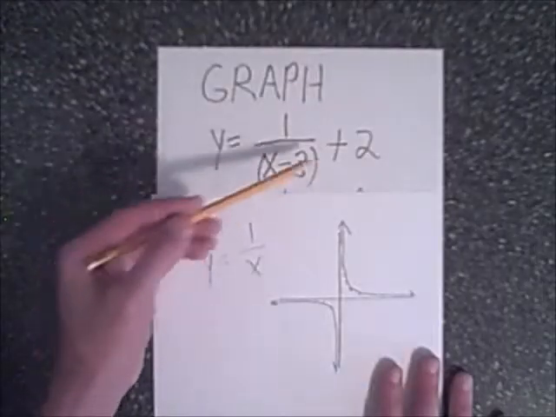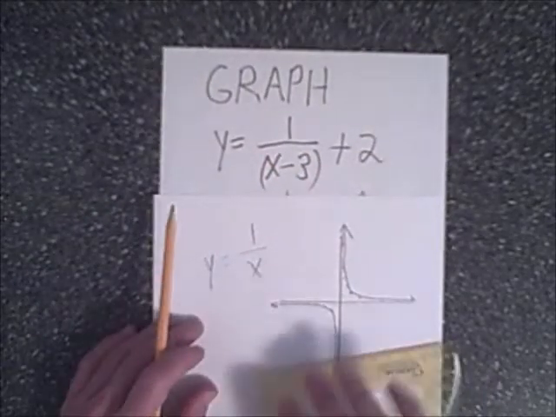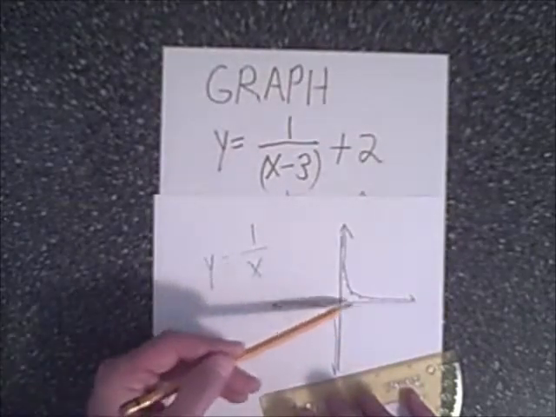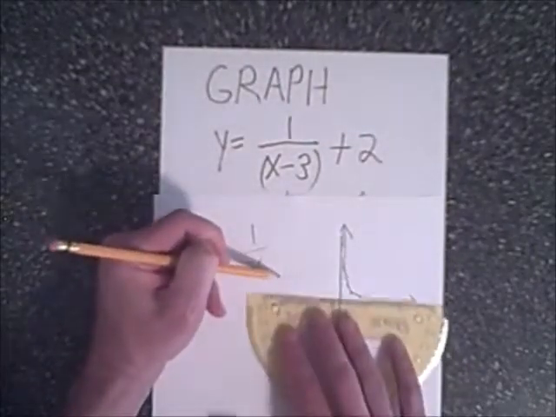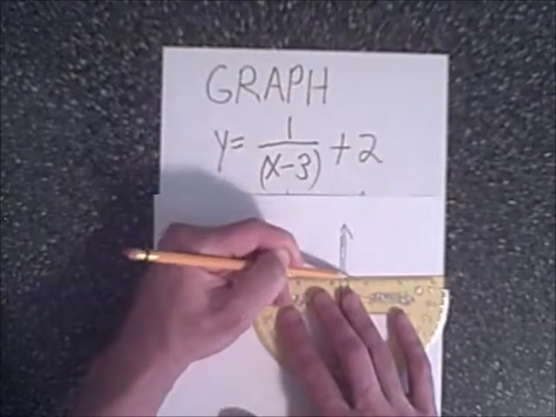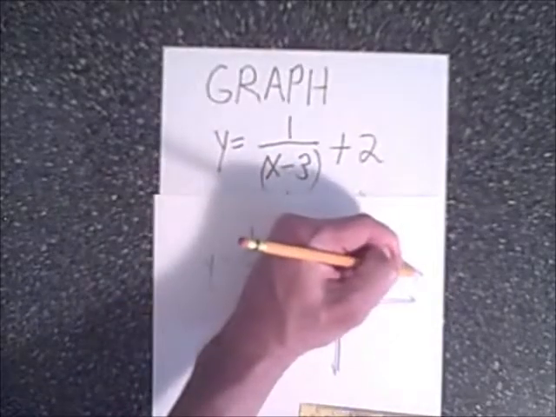The first thing we're going to do is shift this up 2 units. Okay, so the way I like to approach this is we're going to shift the whole thing up. So that's going to include the asymptotes. Okay, so our new horizontal asymptote is going to be 2. Okay, it used to be 0, now it's 2.